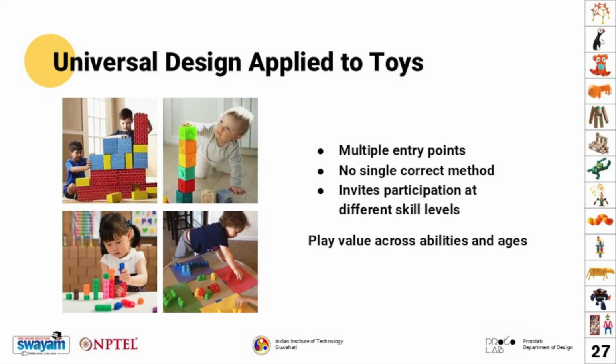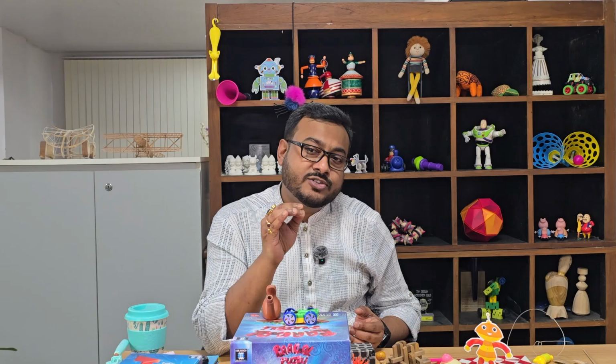Universally playable toys, therefore, do not define a single correct starting point. They allow players to meet the toy at their own level. The success of toy is measured not by mastery, but how many people can meaningfully begin playing without help.